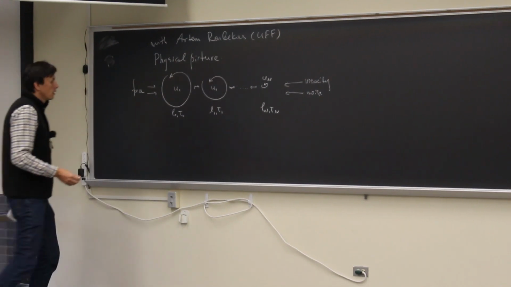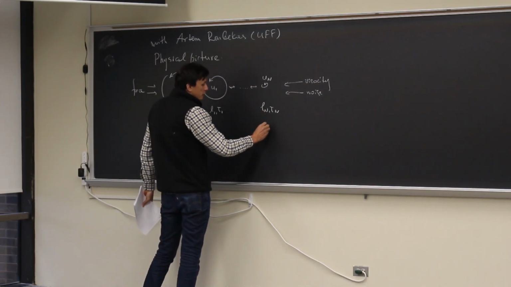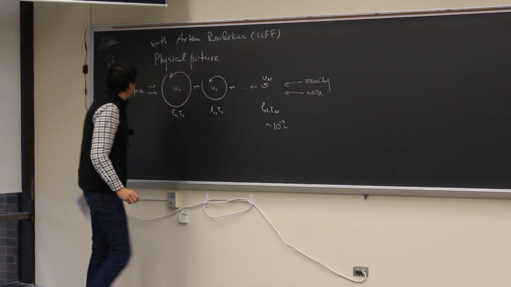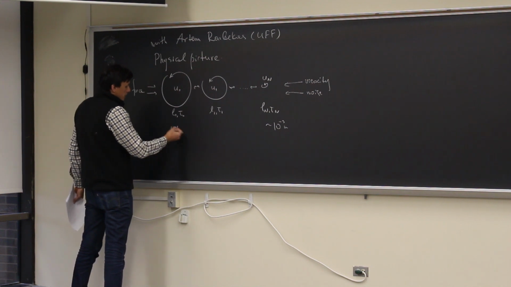For you to have an idea, the usual smallest scale is a millimeter. So usually this is 10 to the minus 3 meters. And the largest scale, for the cup of tea, was 10 to the minus 1, so 10 centimeters.